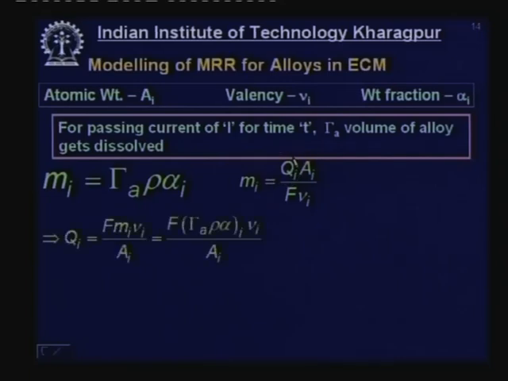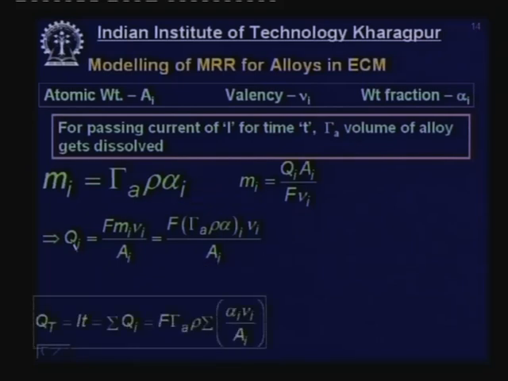So, Qi can be once again expressed as this, and using the expression available here, you can get an expression like this. Now, what is Qi? Qi is the amount of charge required to machine the ith element. So, how much would be my Qt? It is very simple. If I know Q1, Q2, Q3, Q4, I can simply sum them up to get the value of Qt.